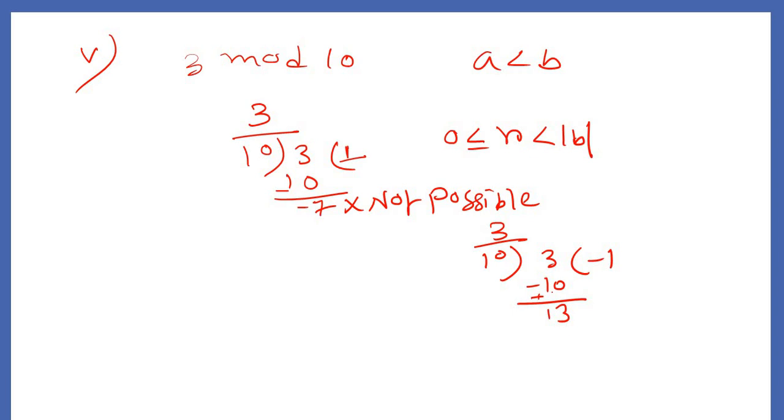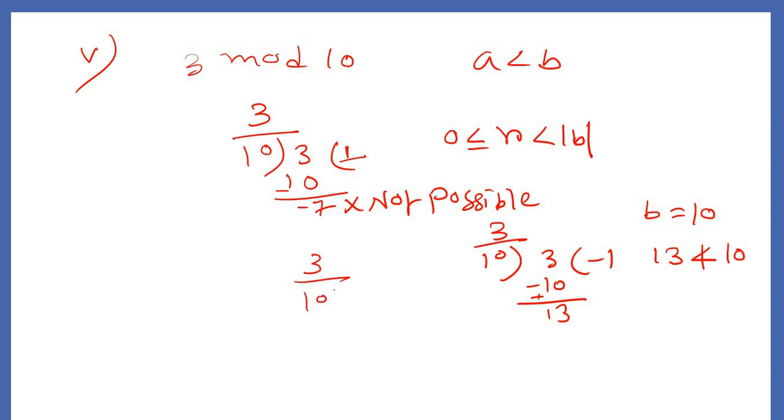Now here we are getting a positive remainder, but that is not satisfying the range of the remainder. Why? Here b equal to 10, the divisor is 10, and we are getting the remainder 13, and 13 is not less than 10. Okay, that means this is also not satisfying.